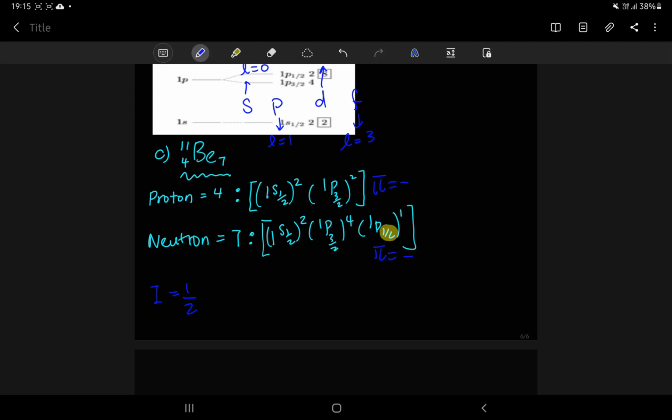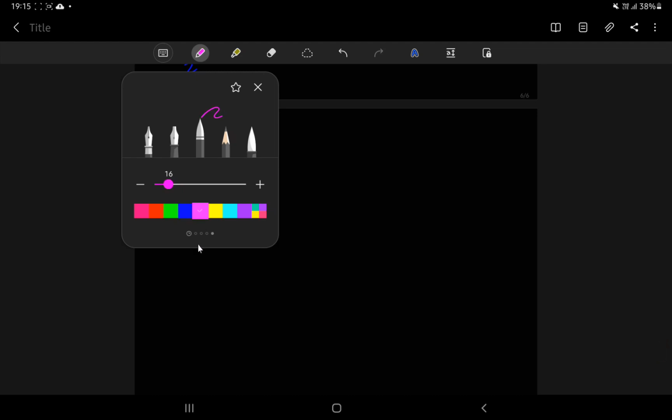So next one is boron 11. So 5 is the proton number and 6 is the neutron number.